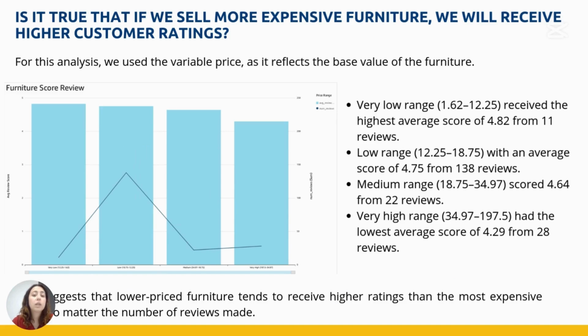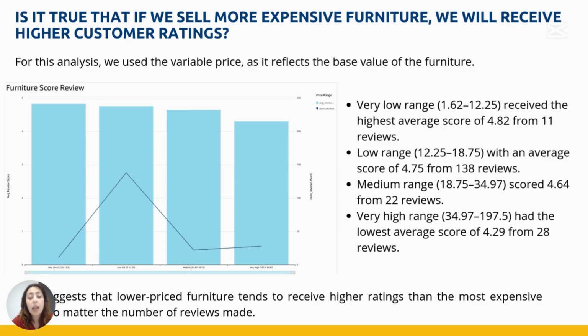Is it true that if we sell the most expensive furniture, we will receive better customer ratings? Based on the analysis, the answer is no, taking into account that we use the variable price and we divided the price into four categories based on the range. Based on that, we see that the very low range received the highest average score of 4.82 with 11 reviews.